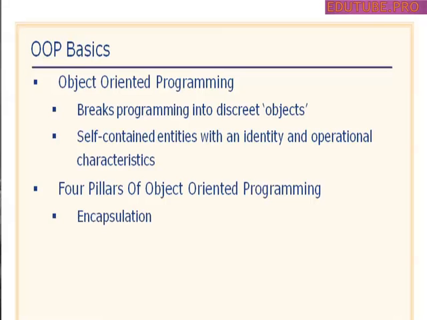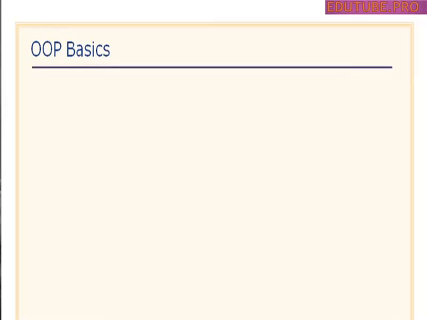Okay, just avoid those people. Well, let's talk about the 4 pillars in this video. There is something called encapsulation, data hiding, inheritance, and polymorphism. All right, these are the 4 you hear most about. Now let's talk about each of these briefly.